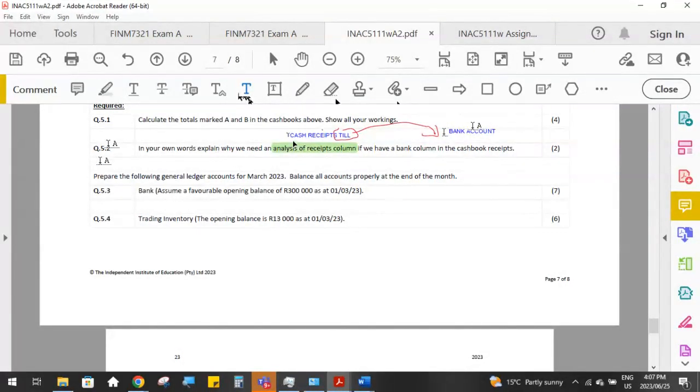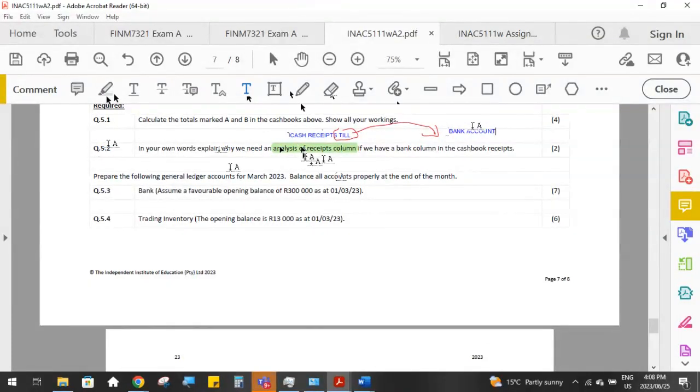So the cash receipts column is a holding column where we hold the amount that we've received until we can go and do the banking. And then also, as your textbook says, we have the benefit that the analysis of receipts column gives us all of the details of each of the receipts that we received, broken down individually.